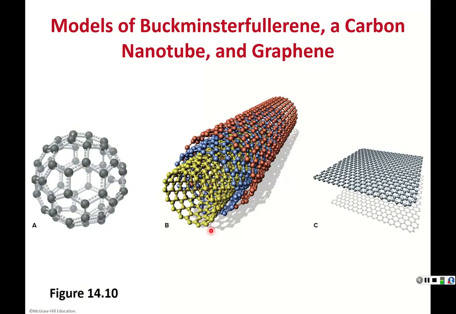After that was discovered, people started playing around with these and trying to develop others. Nanotubes, so carbon is sort of in this shape, but it's open-ended, so it makes a tube-like shape. And then you can also have these planes, like graphene planes.